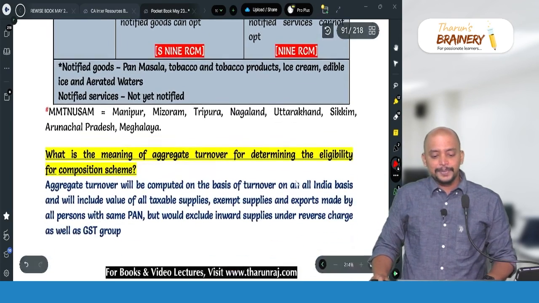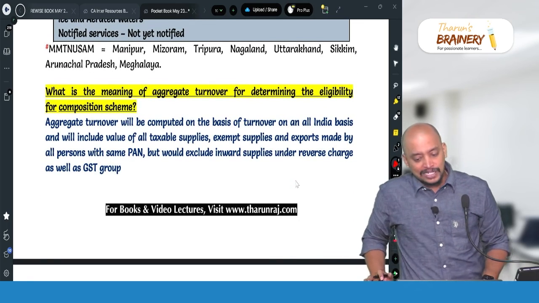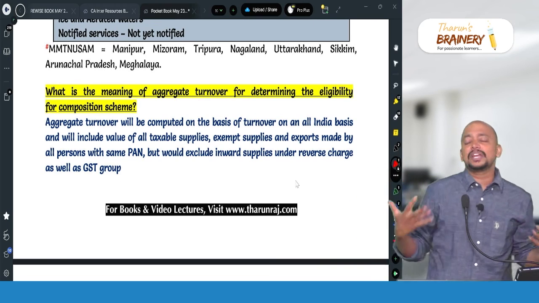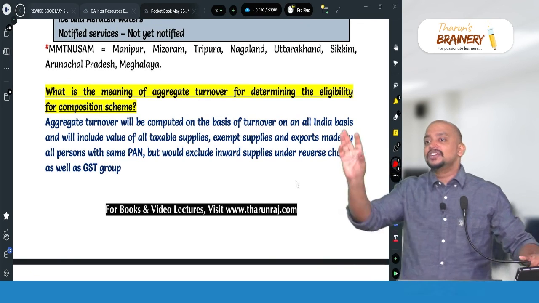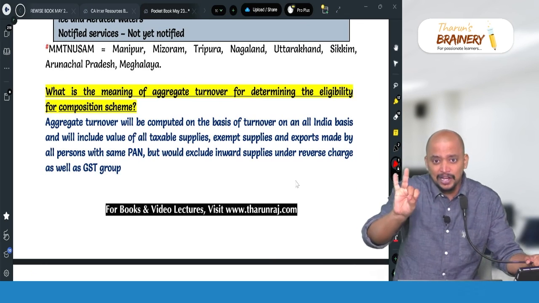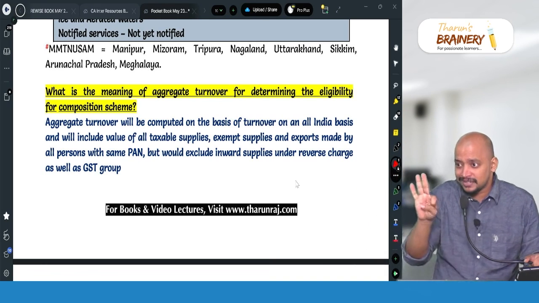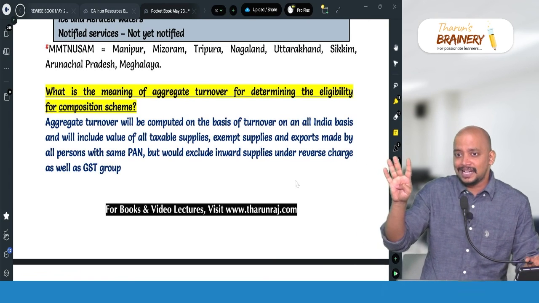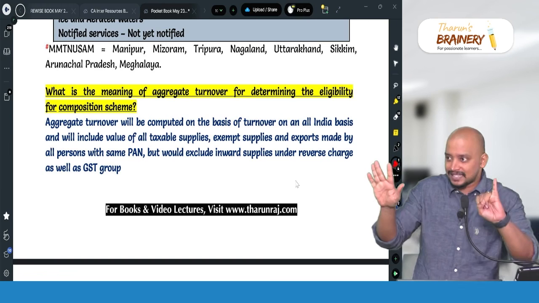And next, what is the meaning of aggregate turnover for determining the eligibility to opt for the composition scheme? Generally, what is the meaning of aggregate turnover? For normal cases, we discuss taxable supply, non-taxable supply, exempted supplies, zero rated supplies, excluding inward supplies under RCM and taxes. Correct?